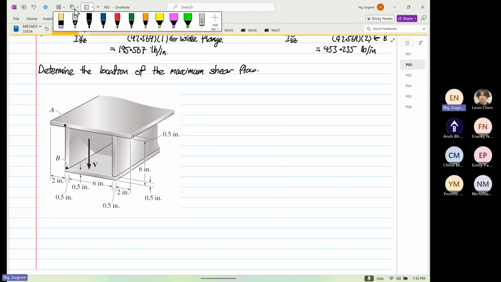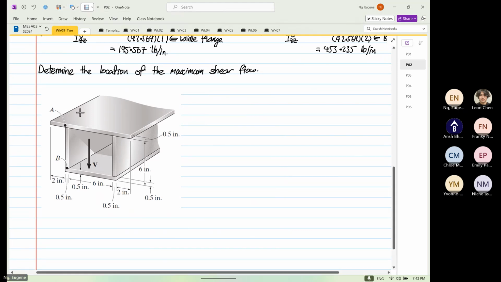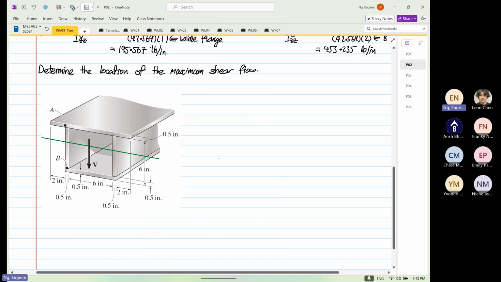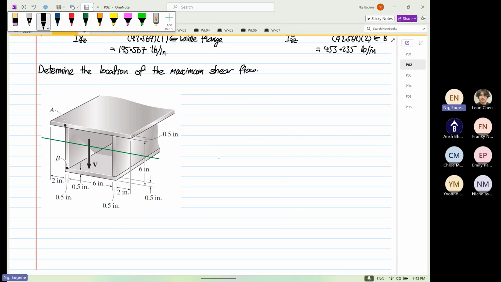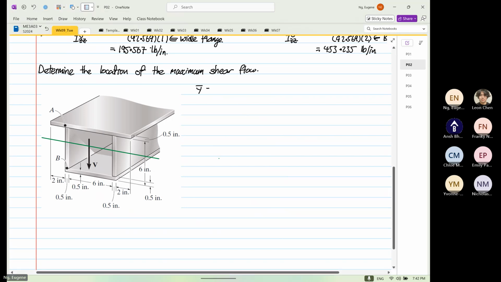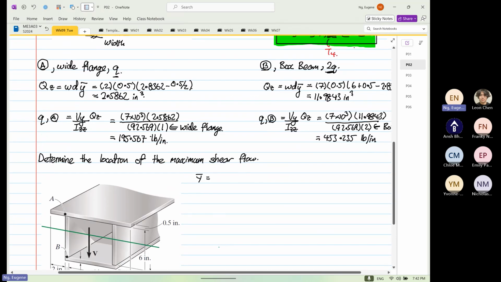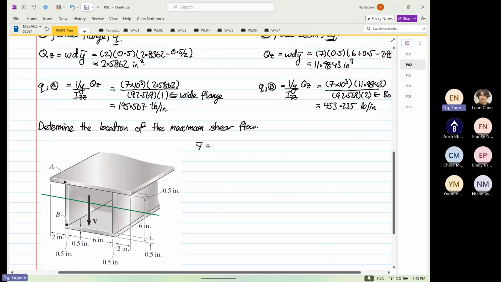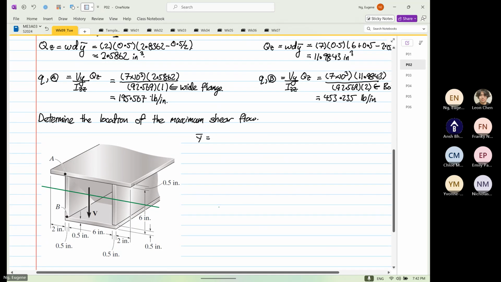And then I'm going to sketch a geometric centroid, right? And our geometric centroid, let me write this down, the y bar, which this value is important, is equal to what? 2.8362. Okay, from top.